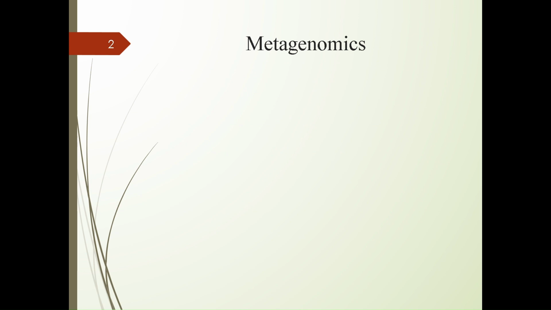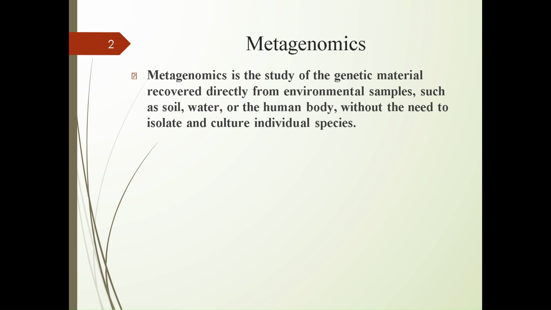Metagenomics is an important aspect of biotechnology these days in modern molecular biology and genetics. Metagenomics can be defined as the study of genetic material obtained directly from environmental samples, including soil, water, and the human body.